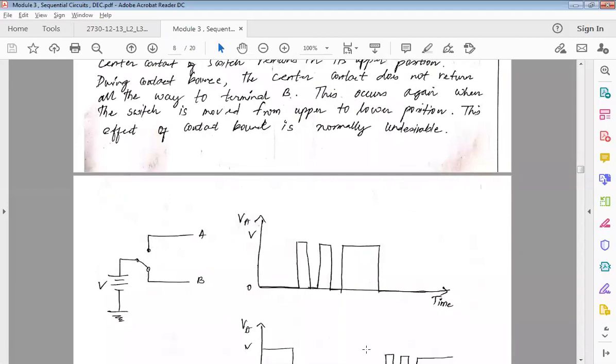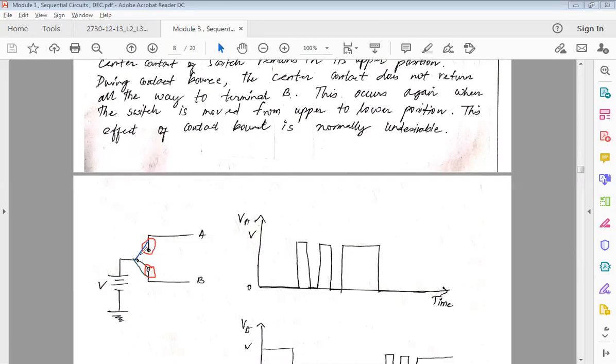So we have point A here and point B here. The switch cannot get connected at the same time to both points. At the first position it might be connected like this, and at the next position it could be connected in a different fashion, here.